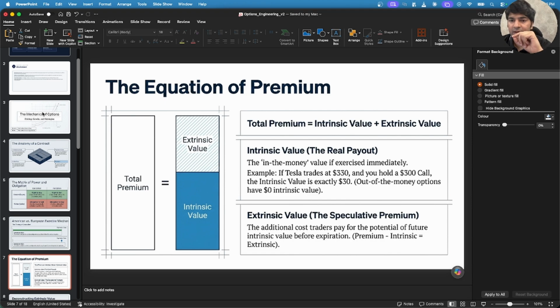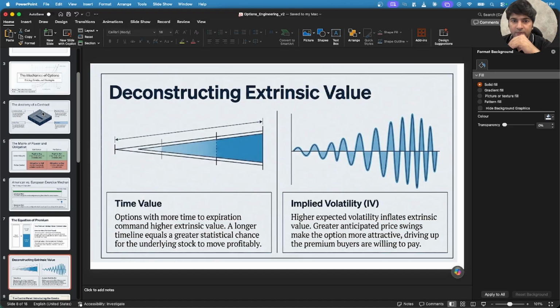Extrinsic value is a speculative premium, the additional cost that traders pay for future intrinsic value before expiration, and it is the premium minus the intrinsic value. We will deep dive into it in the later part of the video.